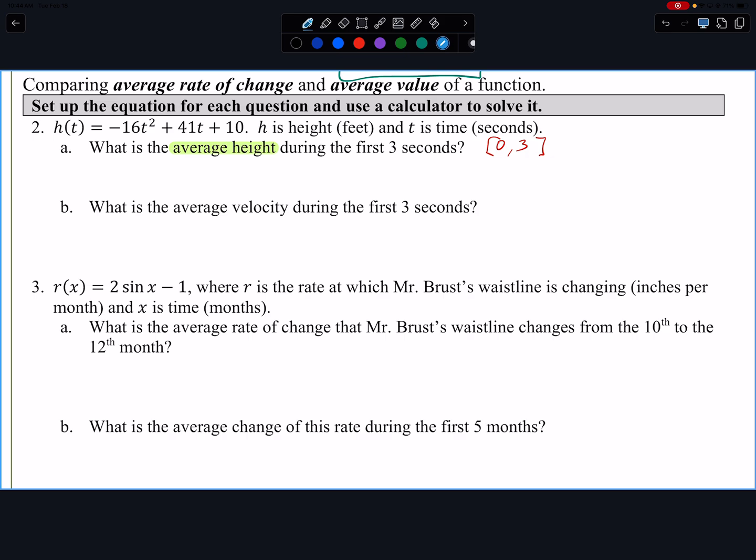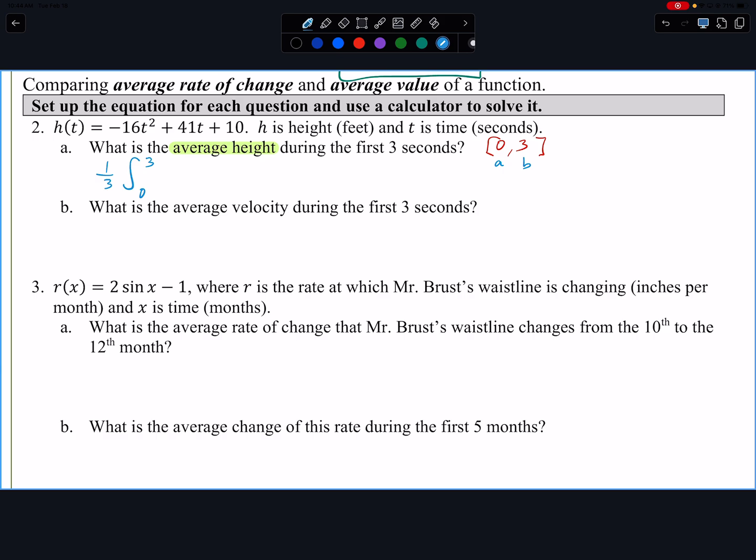So this would be your A, this would be your B. Don't forget what the formula says. So what goes in the front then if I'm going to set this up? So 1 over 3 times the integral of 0 to 3.